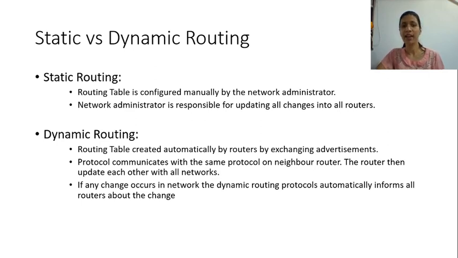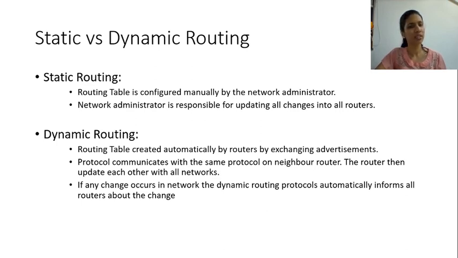In case of dynamic routing, the routing table is created automatically by the routers. For this, the routers exchange some advertisements amongst each other. Depending upon the protocol being used, the protocol will communicate with the neighboring routers if you have the same protocols configured on the two neighbor routers.